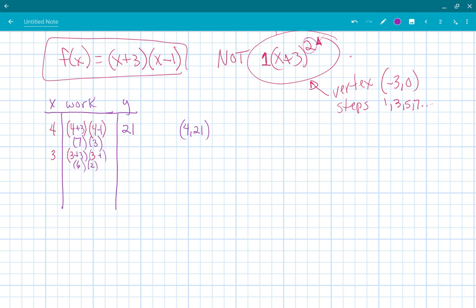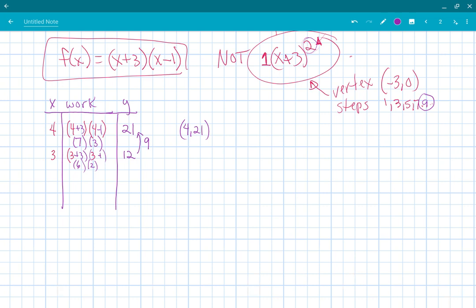So we're going to multiply this and it'll be 12. By the way, this looked like it went up by... what's 21 minus 12? It's 9. I think we're right here.